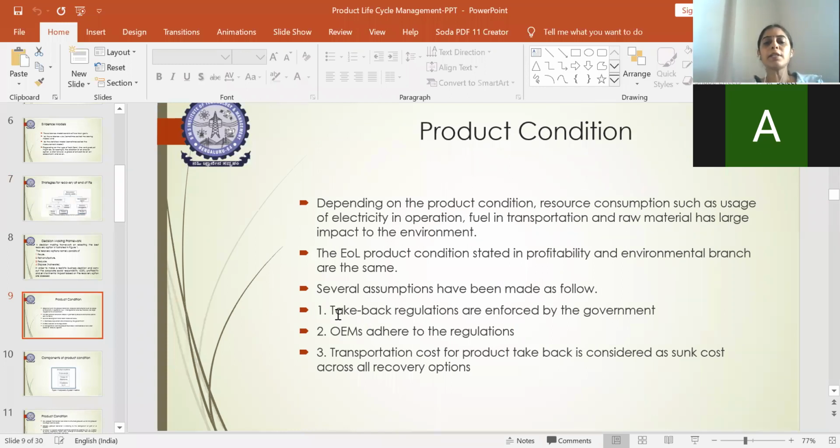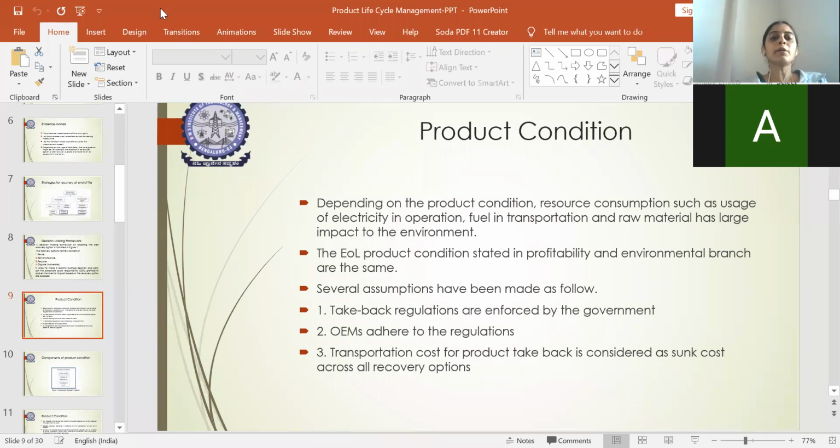One assumption is that take back regulations are enforced by the government, the second is that OEMs adhere to the regulations, and the third is that transportation cost for the product take back is considered as sunk cost across all recovery options. These are the assumptions made related to the product condition.